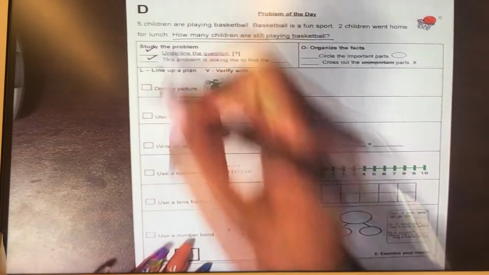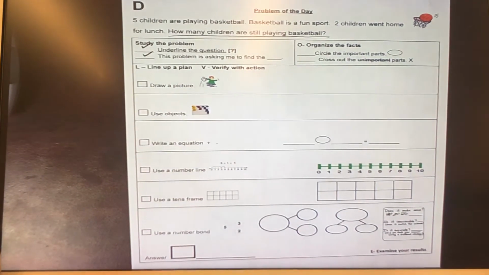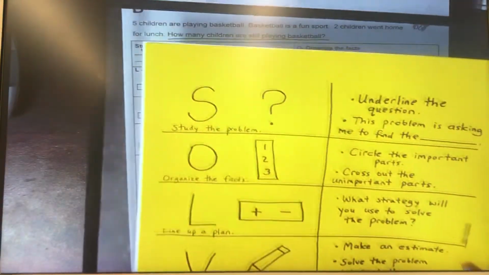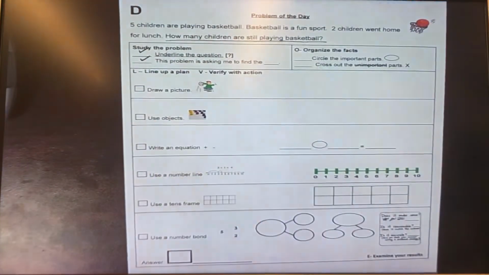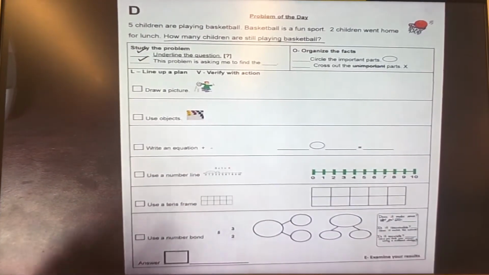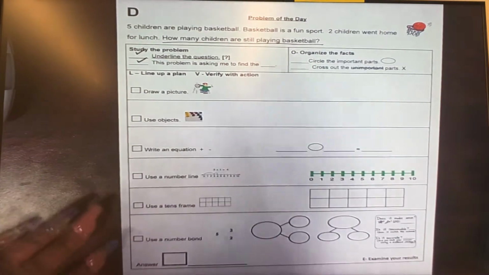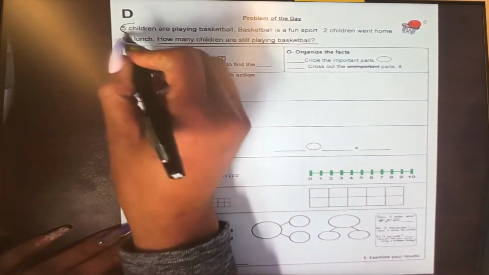Check and check. After the letter S, we have the letter O. We need to circle the important parts or facts. One important fact is 5 children are playing basketball.